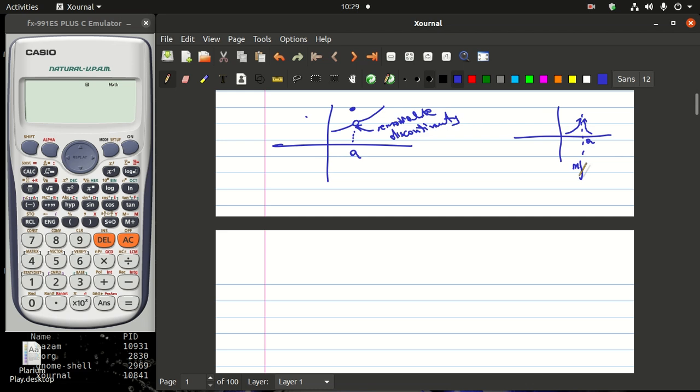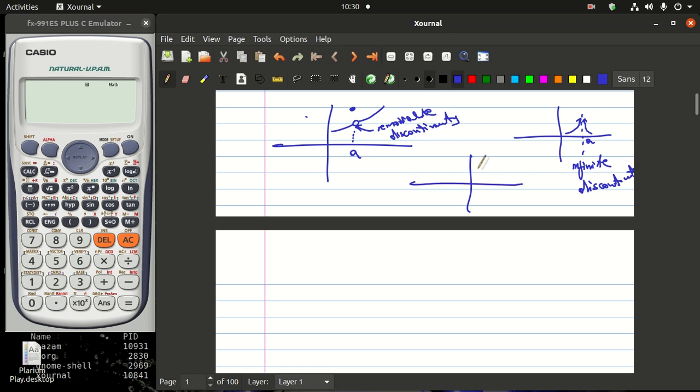We call this infinite discontinuity. Whenever you have a vertical asymptote there, that's an infinite discontinuity. We don't say negative infinite, it's just infinite discontinuity, even if they are both pointing the same side. There, the function is not continuous.